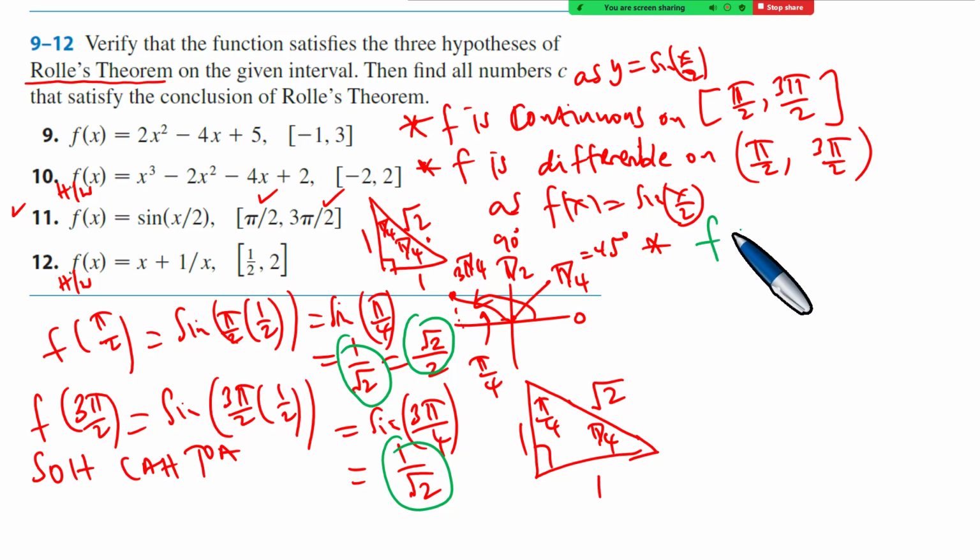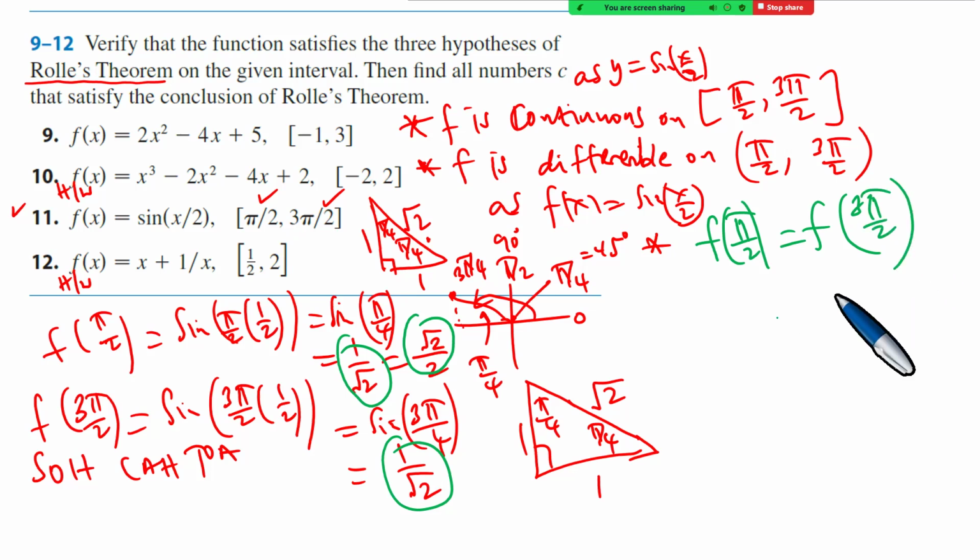Which means f at pi over 2 is equal to f at 3 pi over 2. Now, with this stated, we know the three hypotheses of Rolle's theorem hold true.